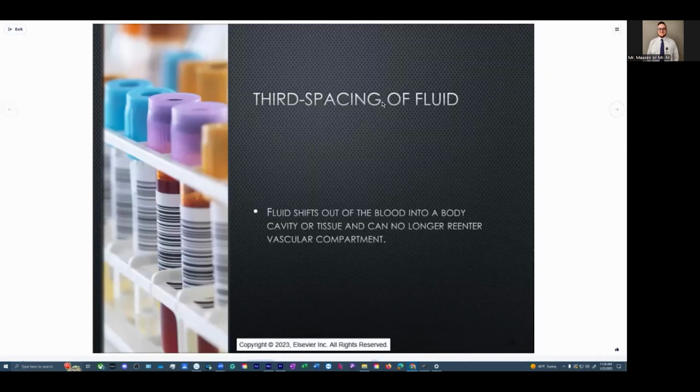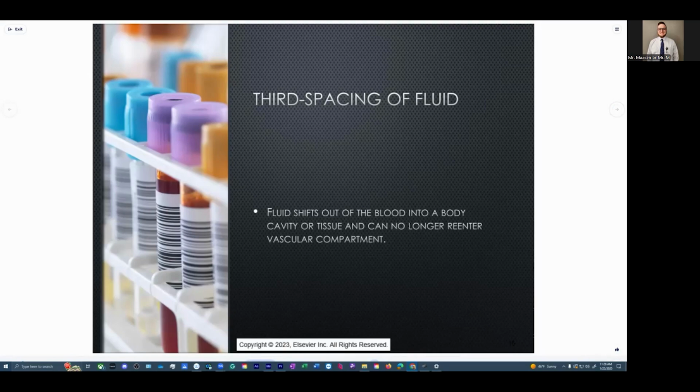So, third spacing of fluid. This means that fluid, again, is shifting out of the blood into body cavity or tissue and can no longer re-enter the vascular compartment. Third spacing usually is talking about not necessarily just edema, but fluid moving into other fluid compartments.